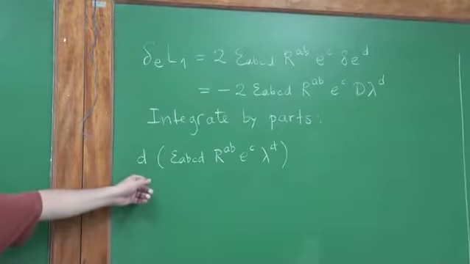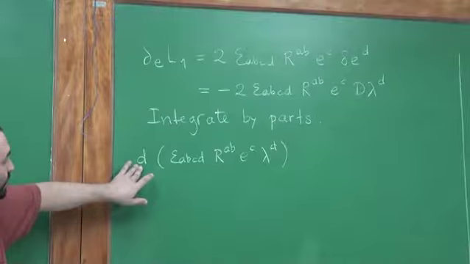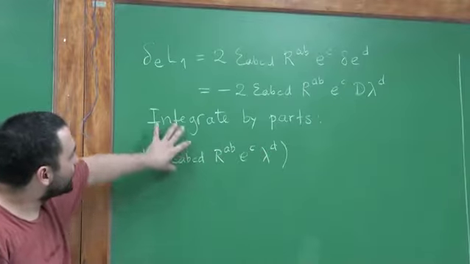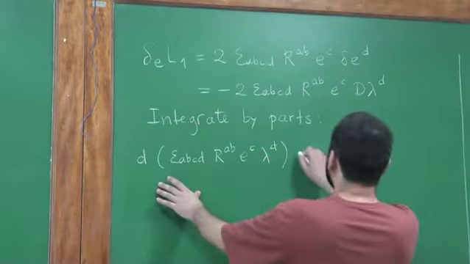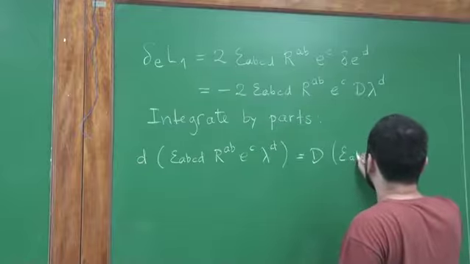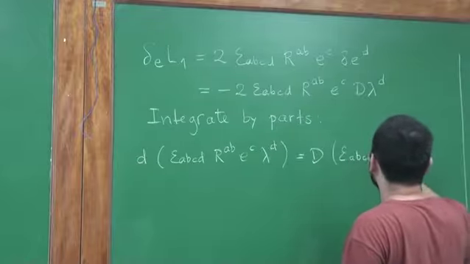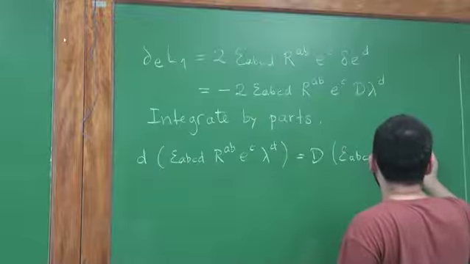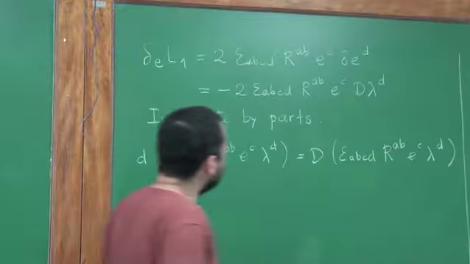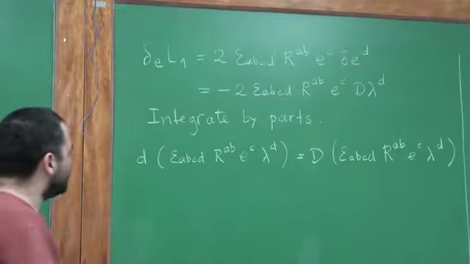So this is what I'm going to compute. This is a normal derivative, an exterior derivative. But since this is a Lorentz scalar, I can replace it with a covariant derivative. And now I operate.